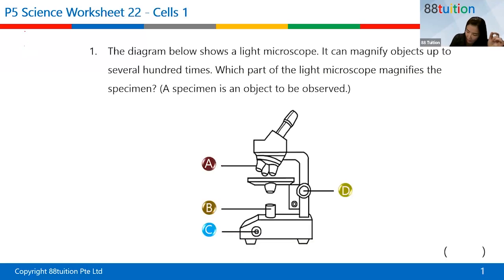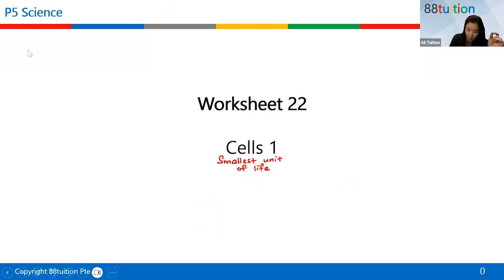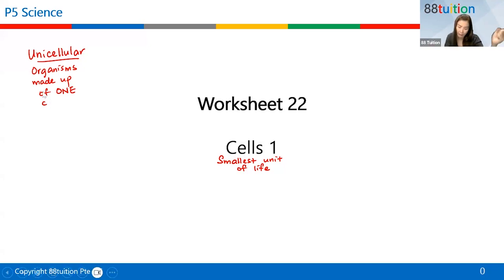So in other words, we actually call amoeba unicellular. These are organisms. See, all of you know. How about the rest? Other than unicellular, what is the other category?